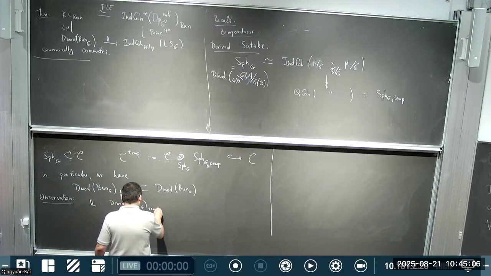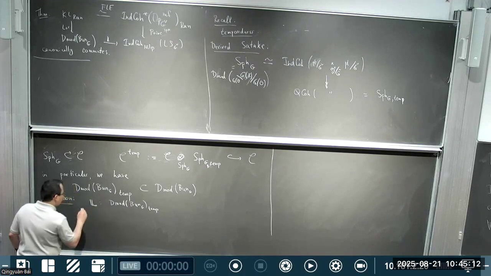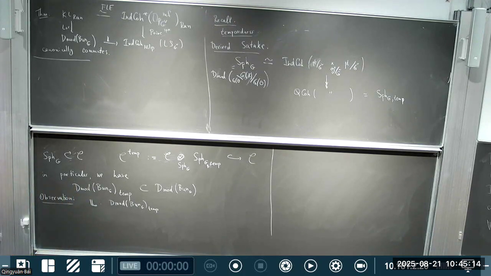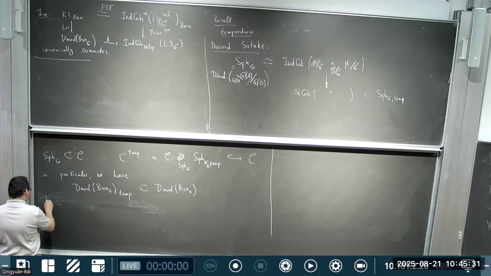This Langlands functor was a priori constructed to be equivariant with respect to the naive Satake action, but it's actually equivariant with respect to the derived Satake action. Let me just state it as a fact.